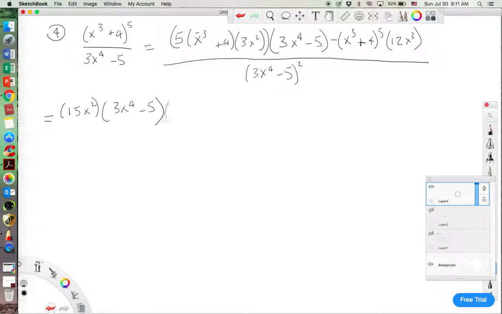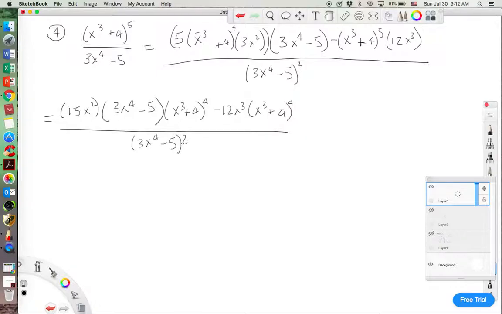And we're going to multiply that again by x cubed plus 4 raised to the power of 4. Subtracting from that 12x cubed times x cubed plus 4 raised to the power of 4. Notice we have the same term here, so we're going to be able to factor that top part. And we've got 3x to the 4th minus 5 squared on the bottom.